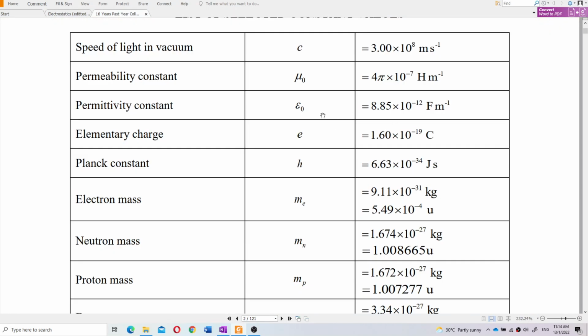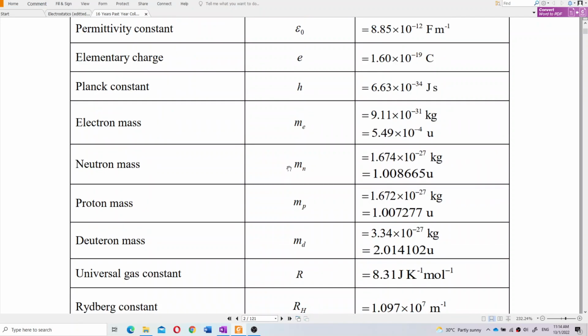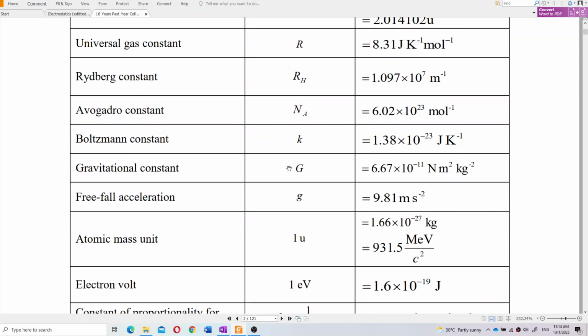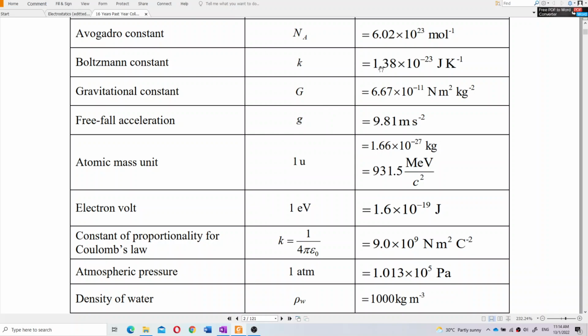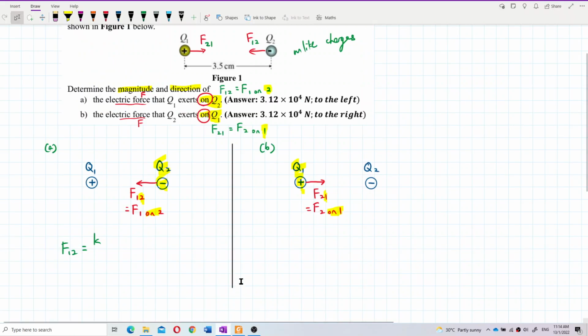So you can get these values from the list of constants. Make sure you use 9 exponent 9, not the one with 1.38 exponent negative 23. That is for semester 1, and 9 exponent 9 is for semester 2. Okay, we got the value.